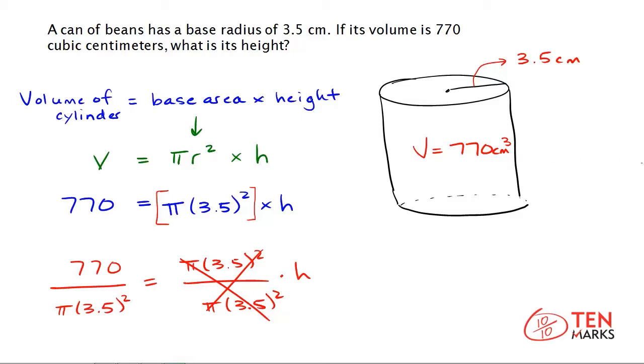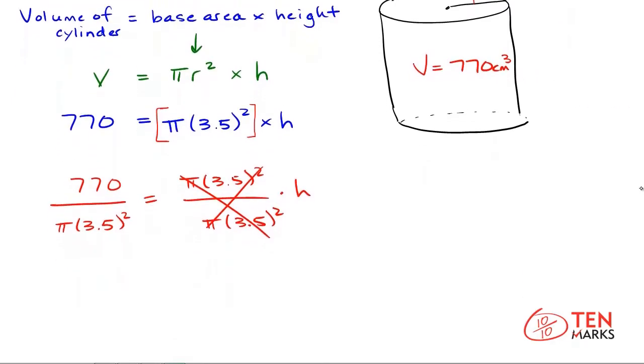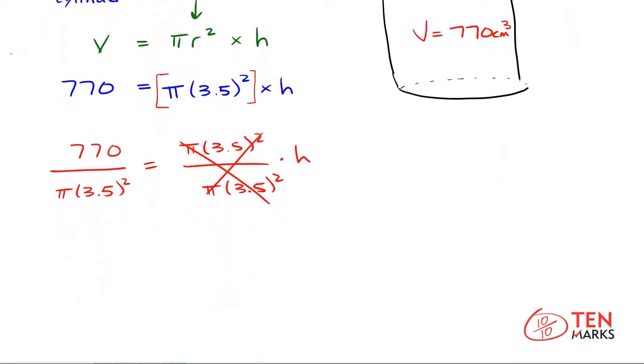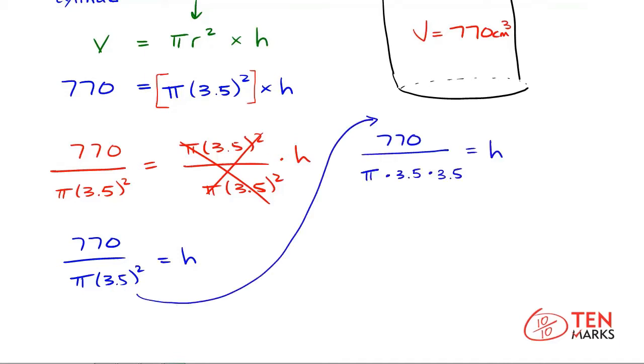And let's just make some more space for this math work we have to do. So I'm going to rewrite this: you get 770 over pi 3.5 squared equals h. Now, you want to expand the exponent here, so 3.5 squared. So what I've done is move the equation up here, and now you have pi times 3.5 times 3.5, because 3.5 squared is just 3.5 times itself.